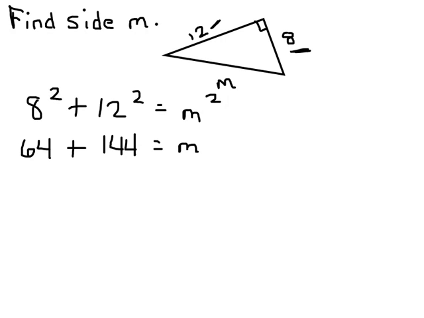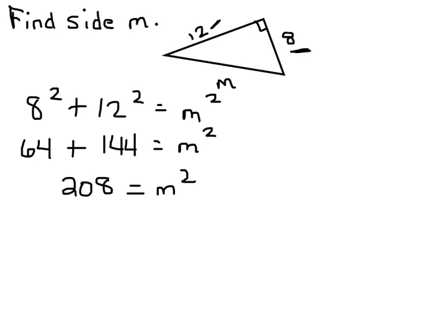Equals M squared. Okay, 64 plus 144 is 208. 208 is equal to M squared.